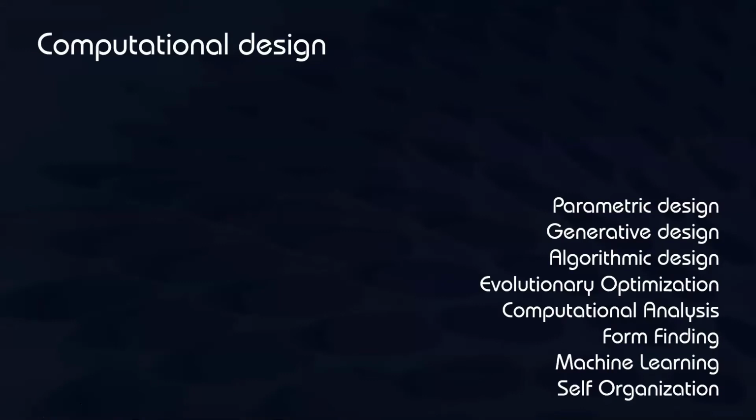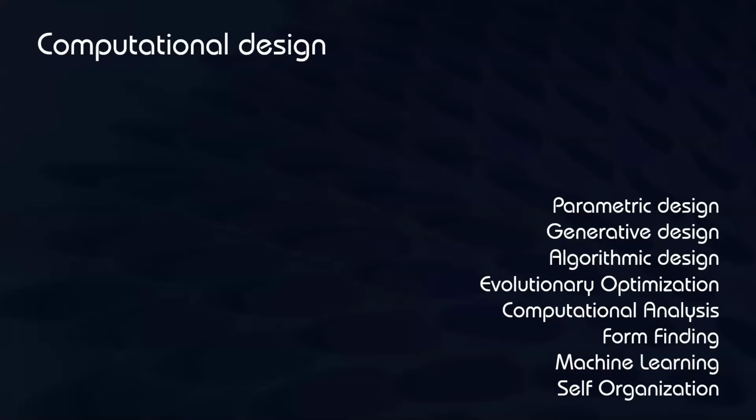So parametric design, generative design, algorithmic design, evolutionary optimization, computational analysis, form finding, machine learning, self-organization. These all are the subparts of the greater domain of computational design. These are somewhat similar to each other, but have their unique differences and applications in the domain of computational design.